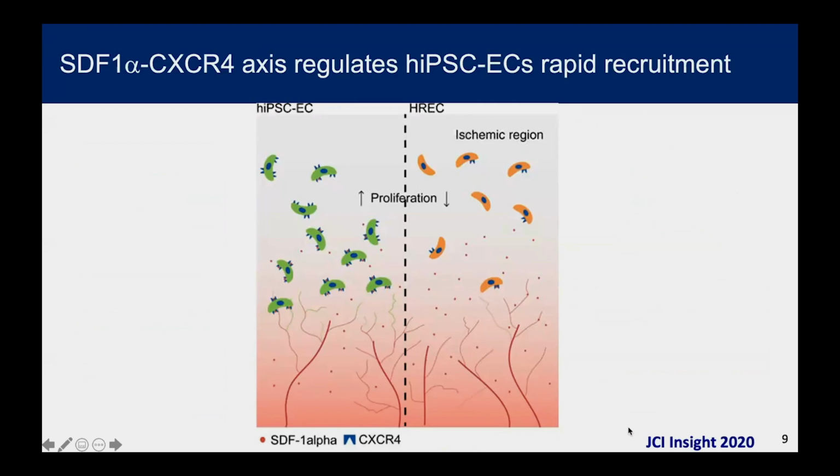So all in all, what we're thinking is happening is that the iPS derivative, compared to the human retina endothelial cells, proliferates faster, is recruited to the host vasculature, and integrates much more efficiently than the mature cells.